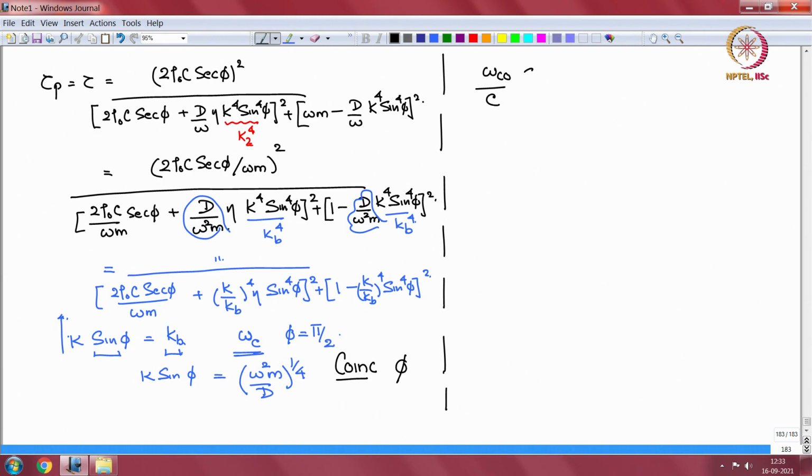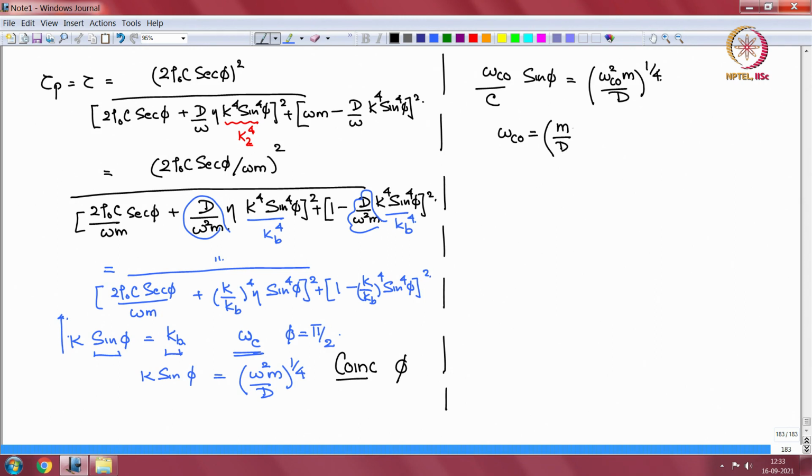Sine phi is equal to omega c0 square m by d to the power 1/4, or the coincidence frequency is now a function of the angle phi.